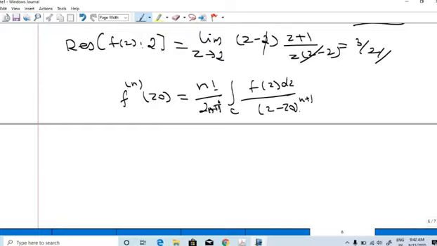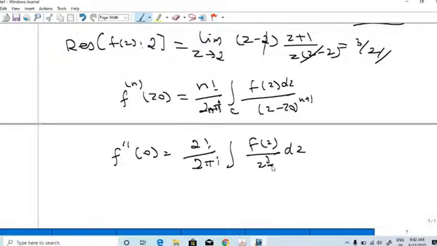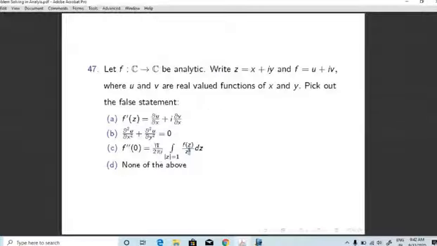Here, the option is given for the second derivative at 0, so it should be 2 factorial by 2 pi i, integral of f of z by z cube. So that is n equal to 3. Therefore, the 2 factorial is missing in the third option. Therefore, this is a false statement.